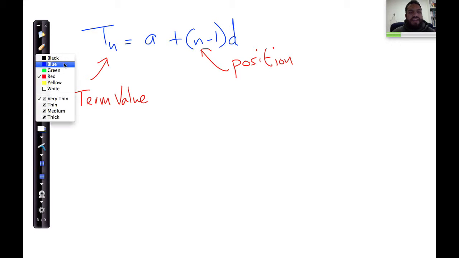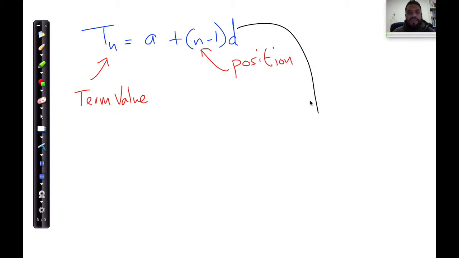And then D and A, these refer to the difference between the terms. Okay, and for an arithmetic progression, we're talking about the constant first difference. And A, on the other hand, refers to the first term.